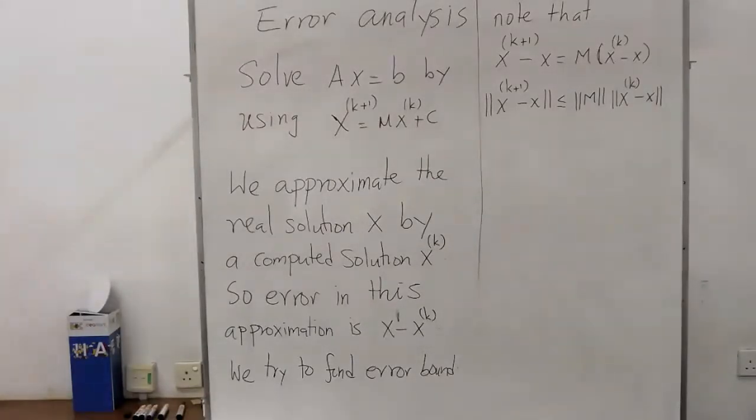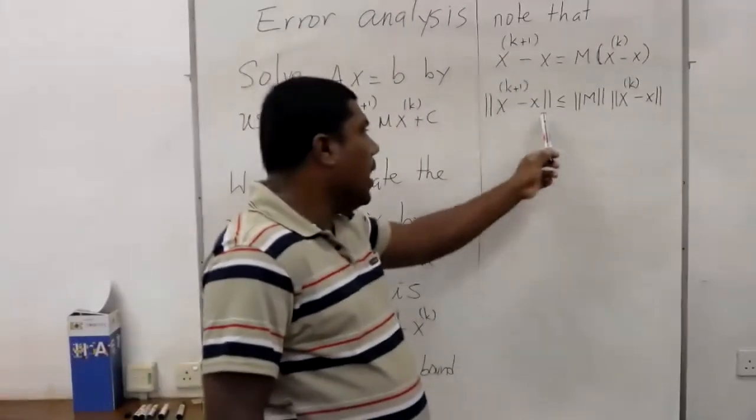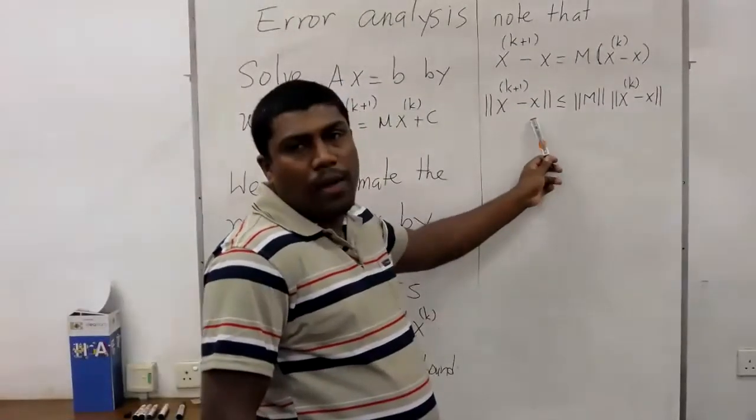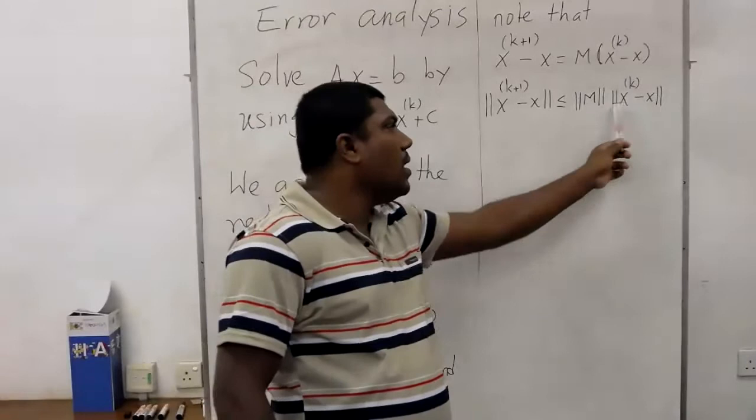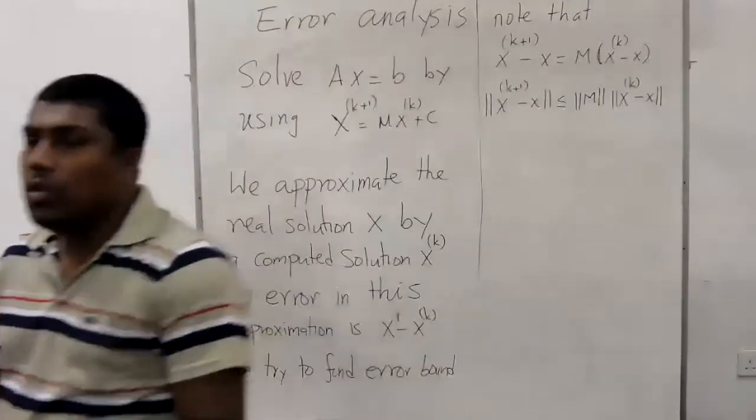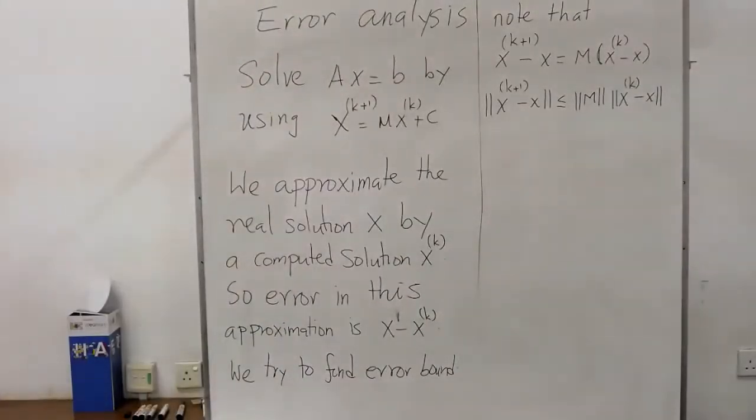In this case, this is the error at the k plus first step, but this is again an error. So you have unknown values on both sides of the inequality, and this inequality does not help you to get the error bound.